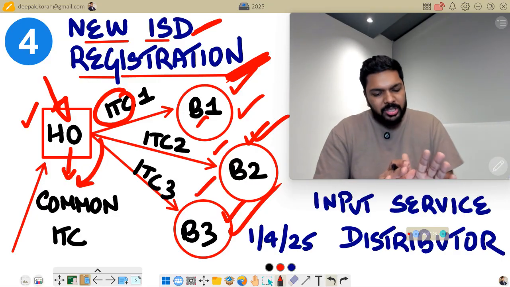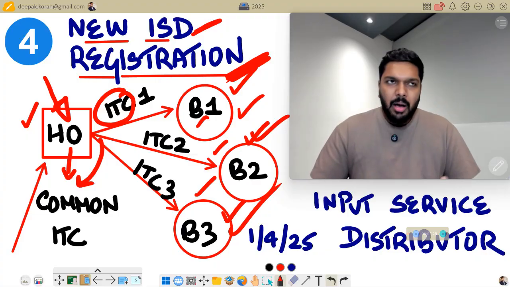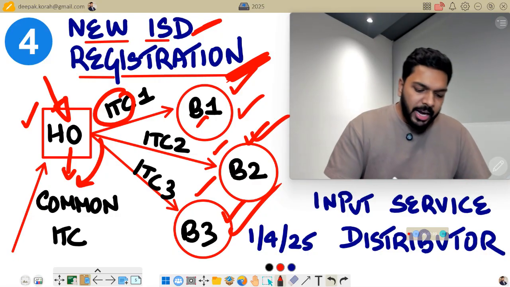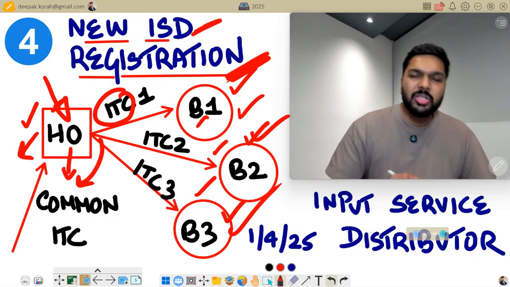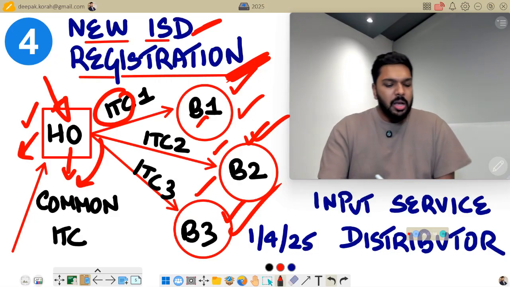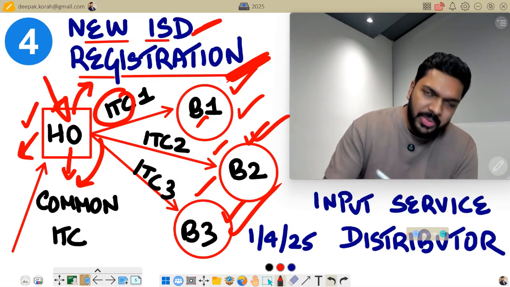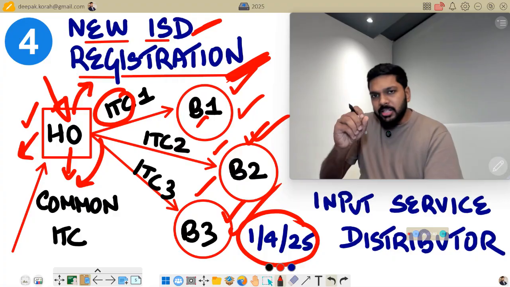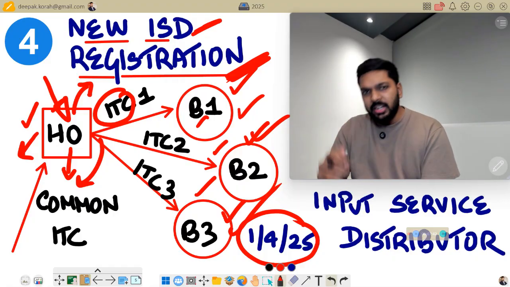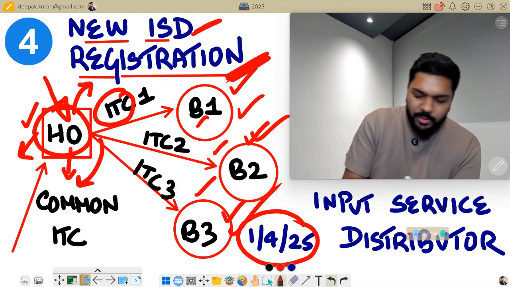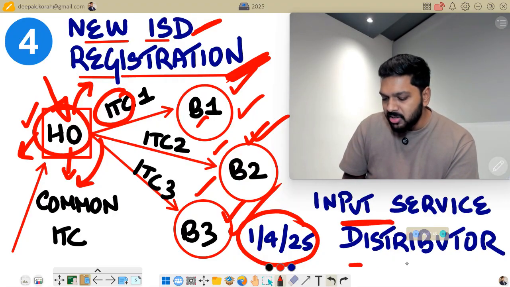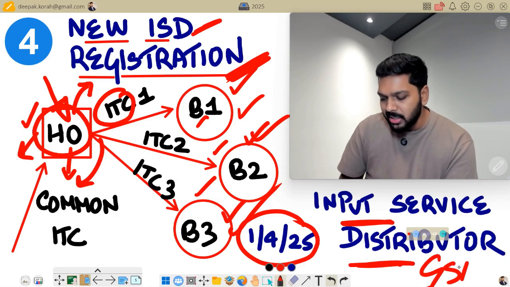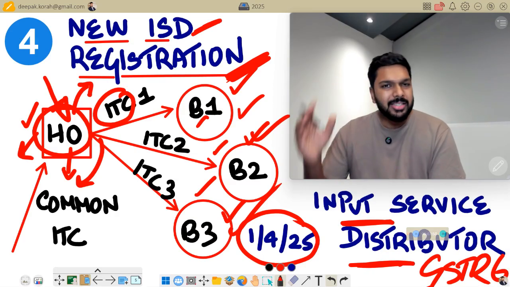Now this was existing in GST law, but the registration of the head office as an ISD was not mandatory. So the head office would already have a GST registration, but now with effect from 1st April 2025, as an input tax credit distributor, the head office will have to obtain a GST registration and file a return called GSTR-6 and add a compliance and all that.